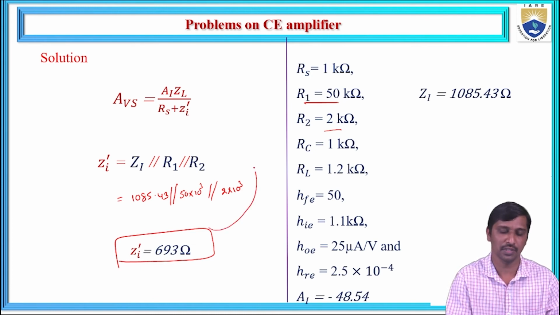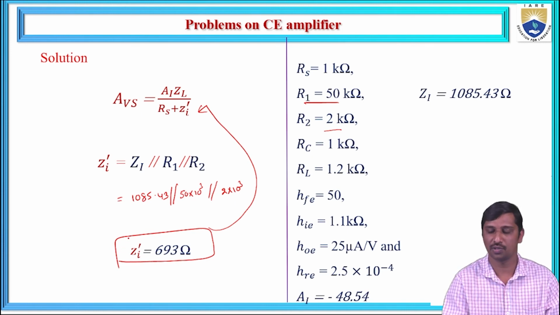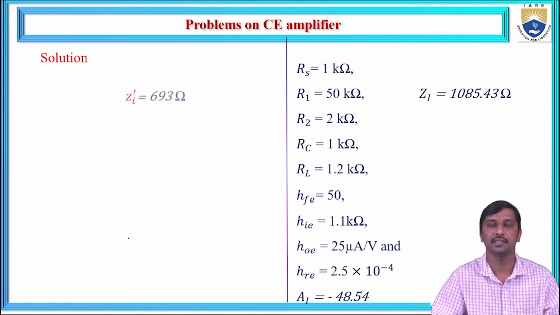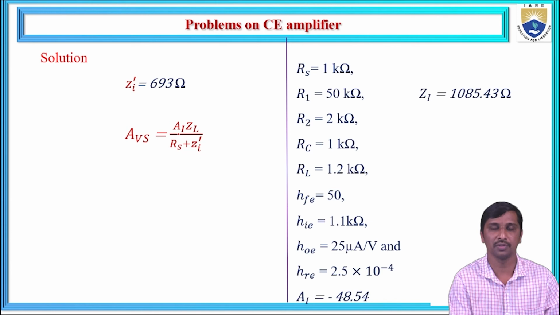Now we need to substitute this ZI dash to identify the voltage gain with respect to the source resistance. So I'm going to substitute AA, ZL, RS and ZI dash.